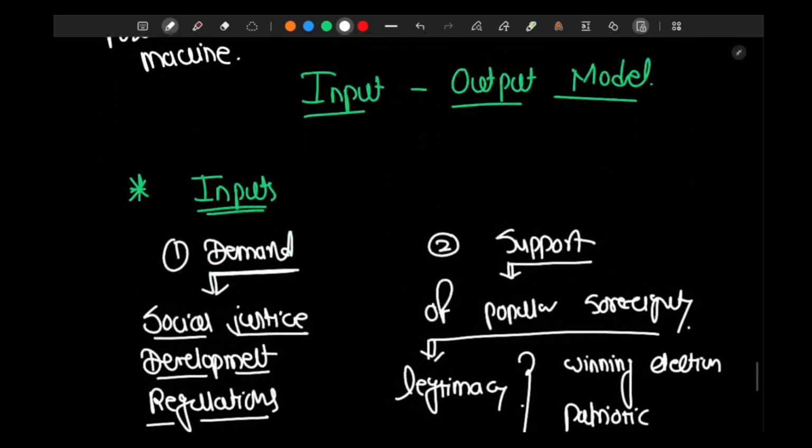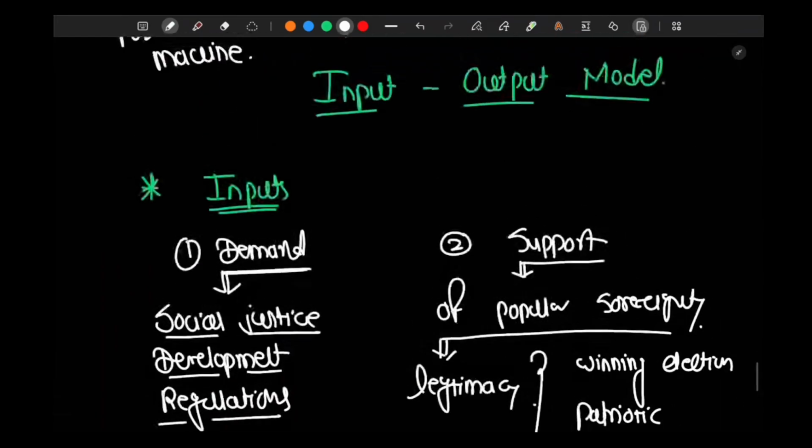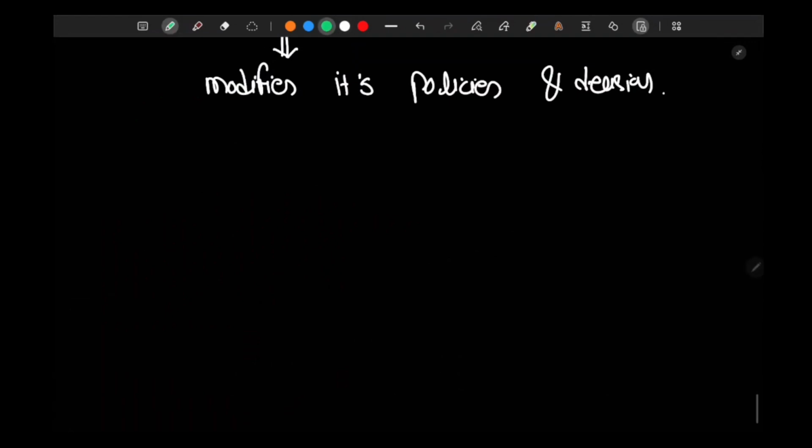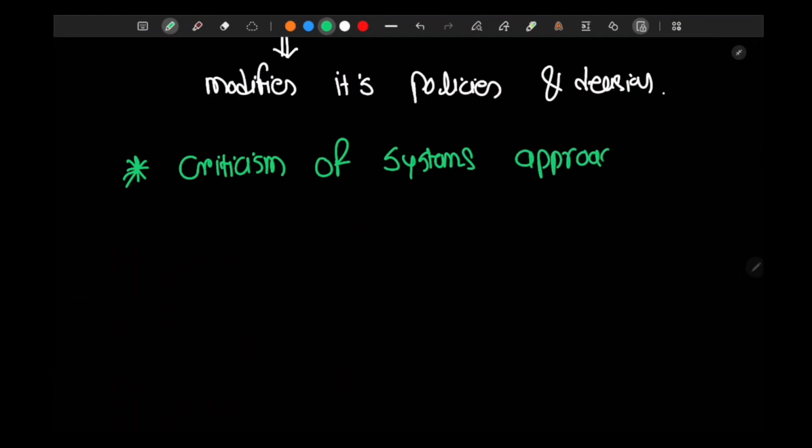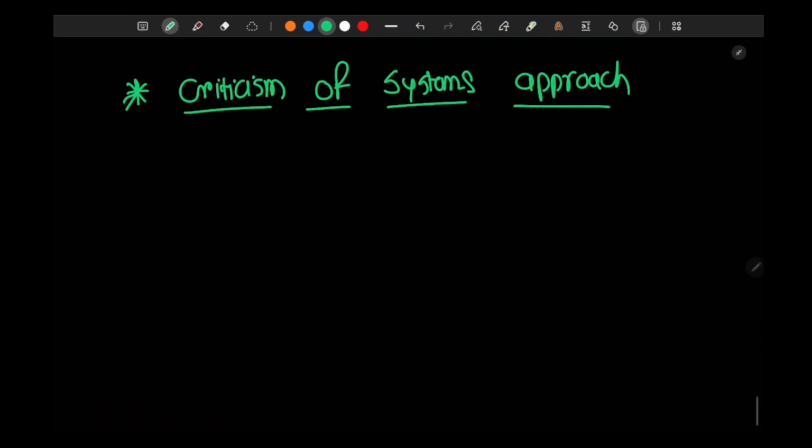Such a political system of David Easton, which has input, output, and feedback, was criticized by a lot of people, right? Criticism of the systems approach.